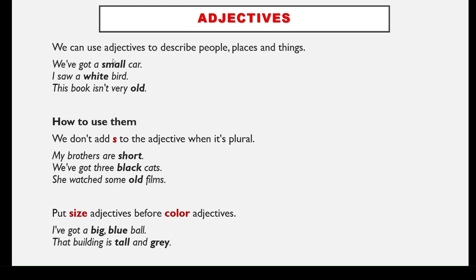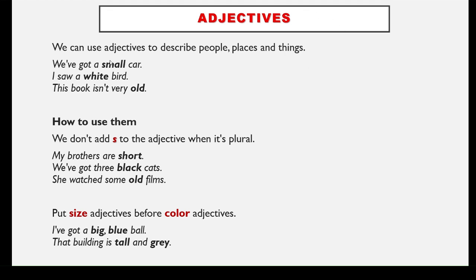Small is an adjective. I saw a white bird. White is an adjective. This book isn't very old. Old is an adjective. Simply we can say that we use adjectives to describe nouns or pronouns.